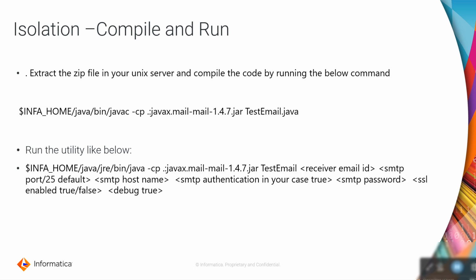Once you compile this .java file, you have to run the utility, which, as you can see here, is run in this format. So TestEmail, then you have to provide the email ID, the SMTP port, which I believe by default is 25, the SMTP host, whether SMTP authentication is enabled, true or false, the password, whether SSL is enabled, and whether you want debug logging.